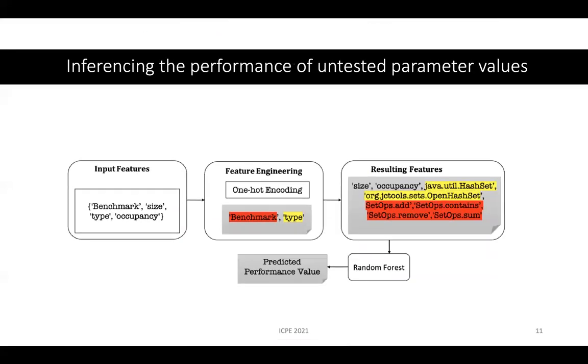As we have observed, most parameters either do not have an impact on the observed benchmark result at all, or the correlation between the parameter value and the measurements follows fairly predictable curves. Hence, we speculate that, given sufficient training data, it's possible to infer the performance of untested parameter combinations with high accuracy, without actually having to run the benchmark for this specific parameter configuration.